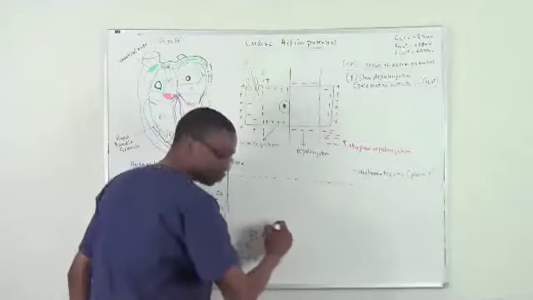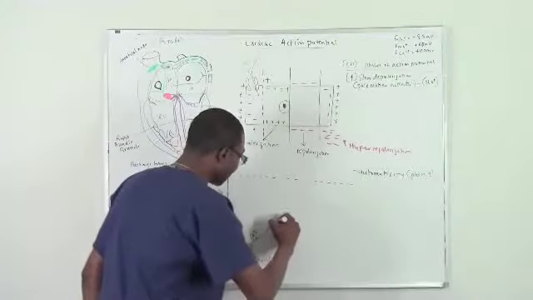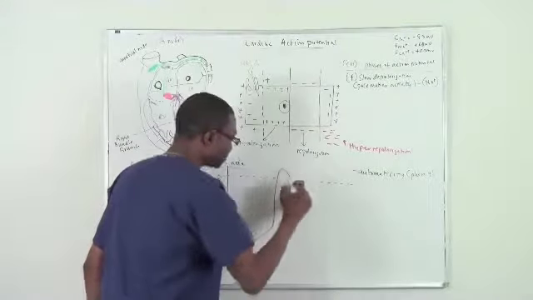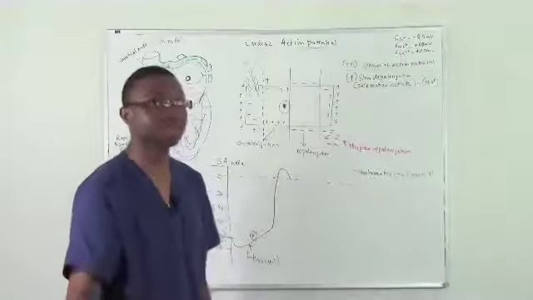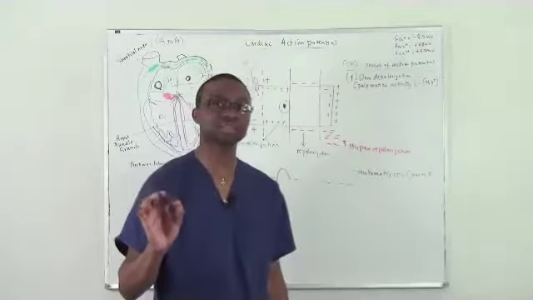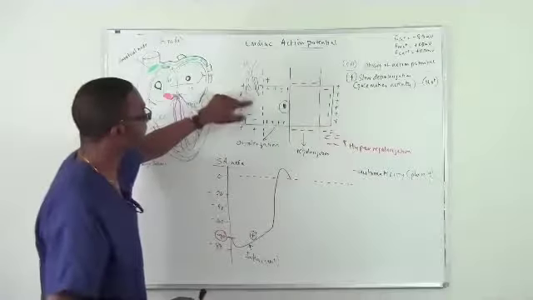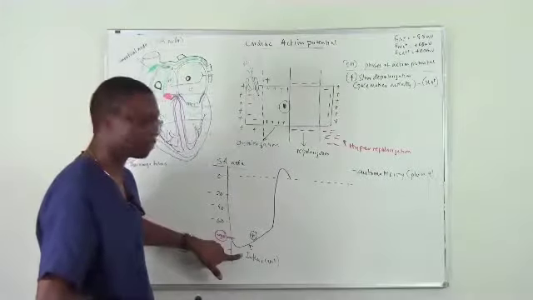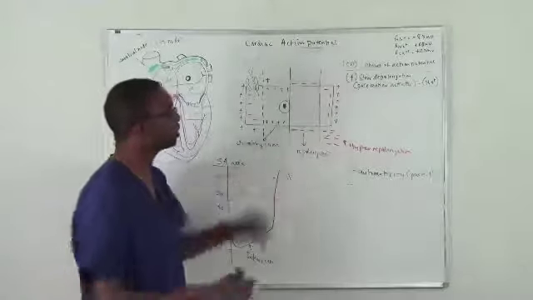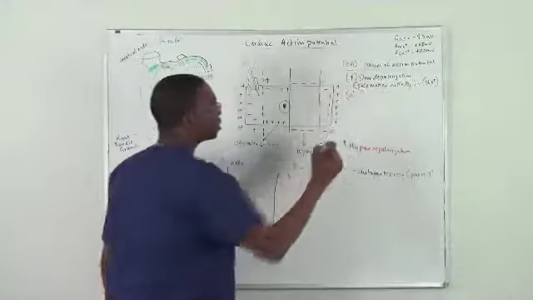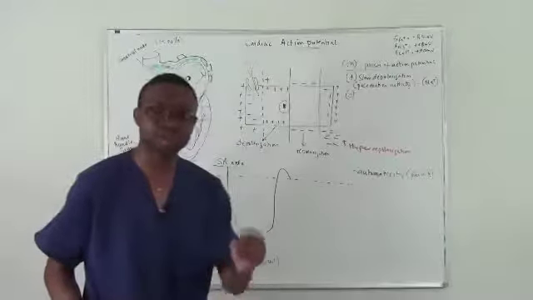In phase 0, to get the phase 0 of the action potential, we're actually going to use a different kind of ion. So sodium first came in, we depolarized. See that influx? The next phase, which is phase 0, we're actually going to use calcium.